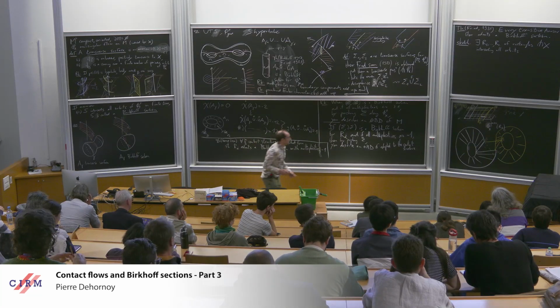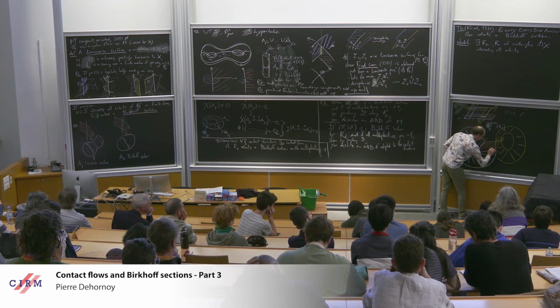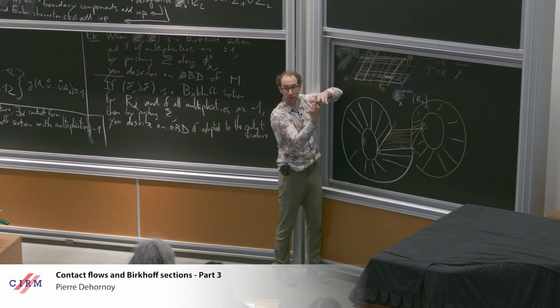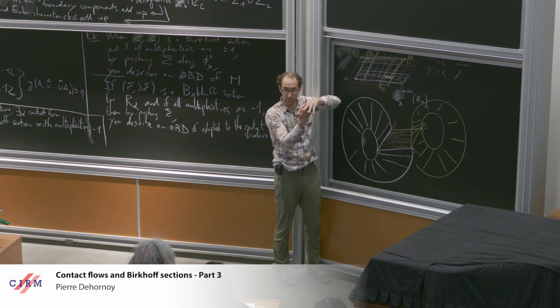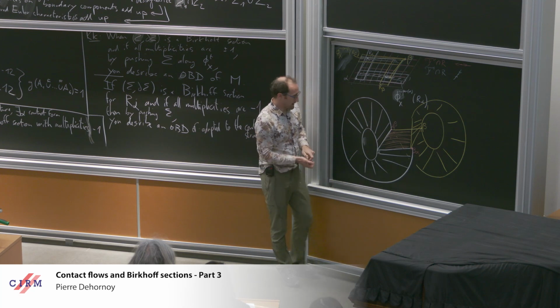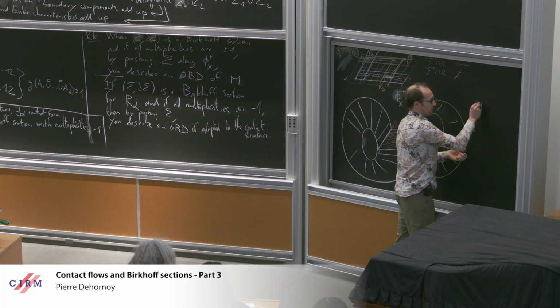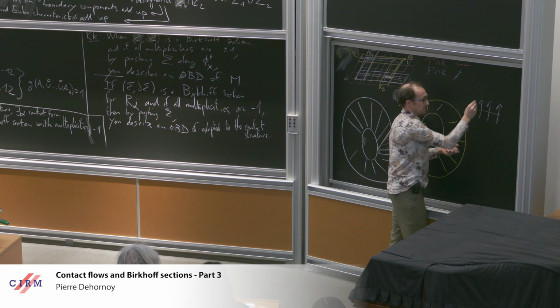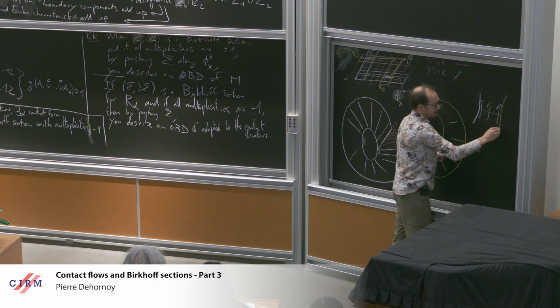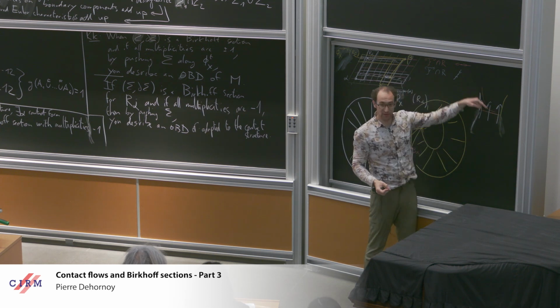There is what comes from the rectangle here, which is transverse to the flow, because it's a part of a rectangle that was transverse to the flow. And then I have these two annuli, which are tangent to the flow. And so the thing is that when you have a flow, and you have a surface that is somewhere transverse and somewhere tangent to the flow, well, maybe like that, actually you can smooth it to be transverse to the flow.